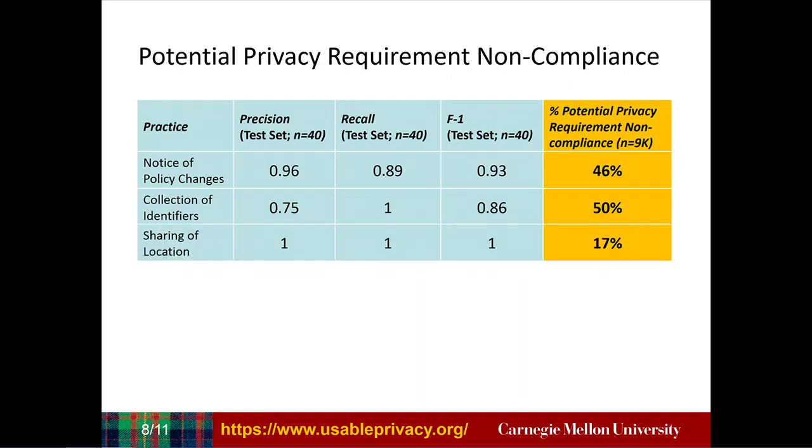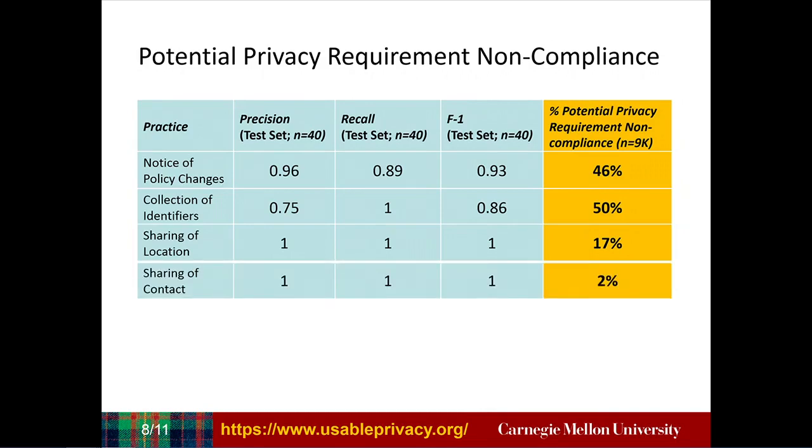Sharing of location information. So that's precise location information, but also approximate location information through Wi-Fi addresses, through IP addresses, for example. 17% don't seem to indicate in their policy that that's what they're doing in the app.